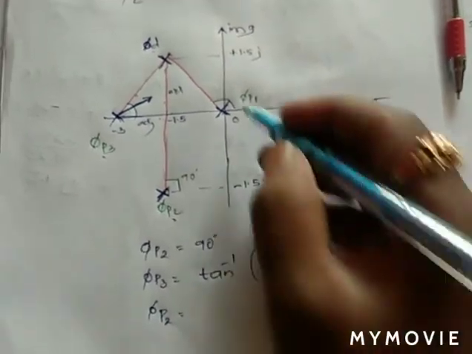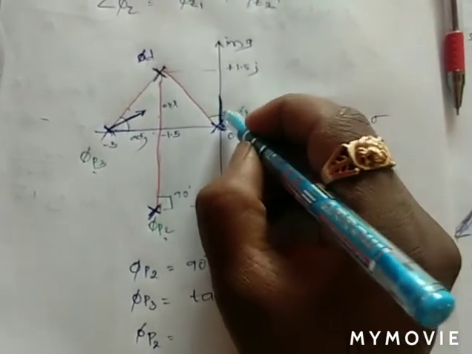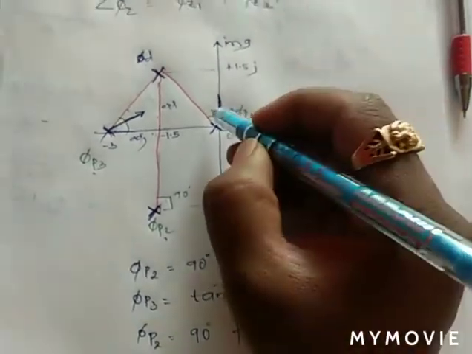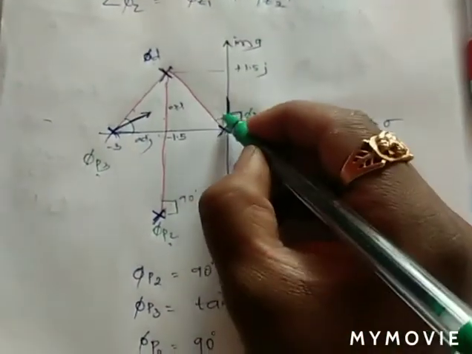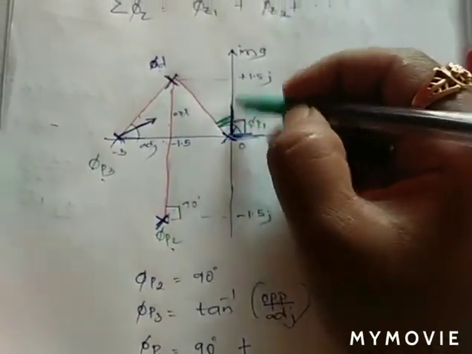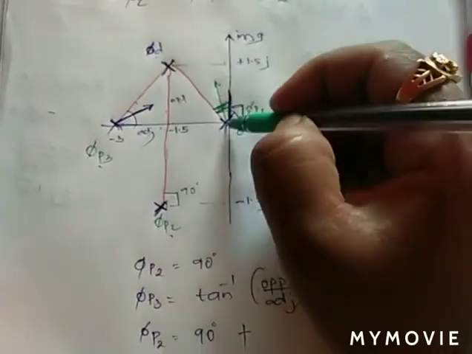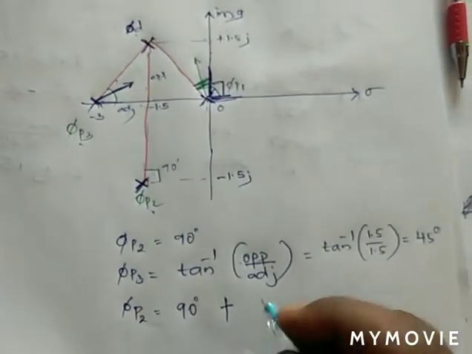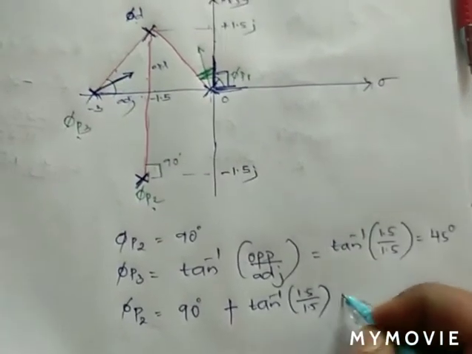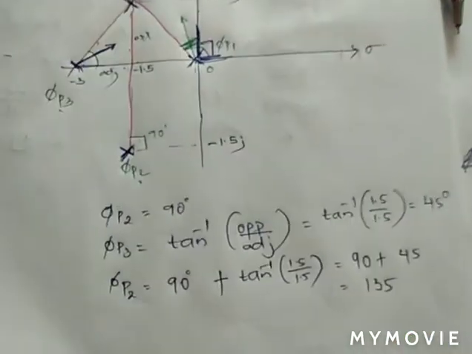Similarly, phi p2 we can say is 90. So I will write 90 degrees plus we need to find the angle for this. In between these two I will draw a line in the middle which shows the opposite. Again measure it, 1.5, adjacent also 1.5. So tan inverse of 1.5 by 1.5. So 90 plus 45 is equal to 135.